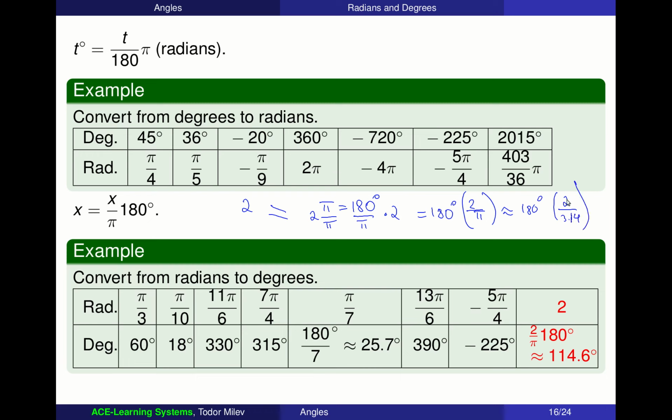You can approximate that with a calculator. Remember, 1 radian was approximately 57 degrees. So 2 radians are approximately 114 degrees, right? Just a reminder, 1 radian was approximately 57.3 degrees. So 2 radians is approximately this.